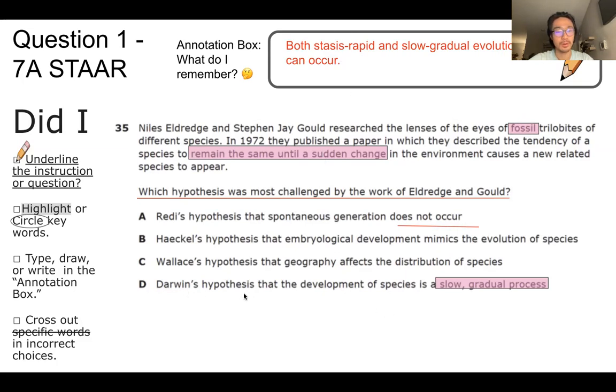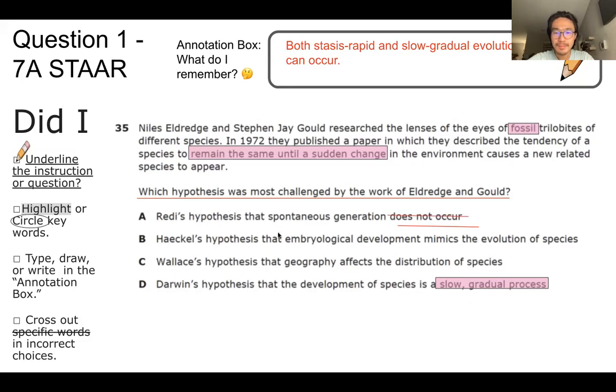So Darwin, for a long time, and the scientific community thought that it's always slow. So when they published that finding, it was kind of a shock, right? It kind of challenged each other, these two ideas. You stay the same and then change quickly, or you slowly change over time. These are kind of two challenging ideas.